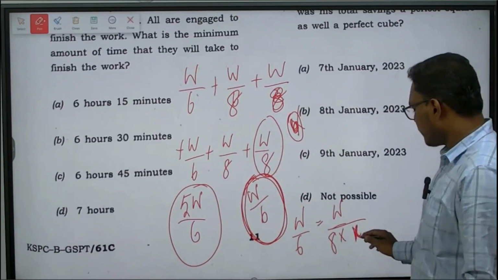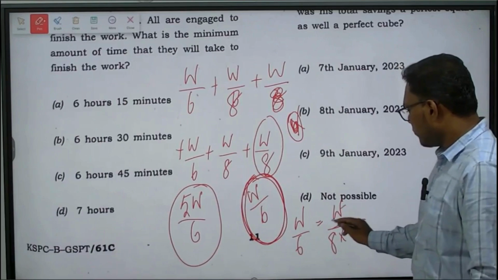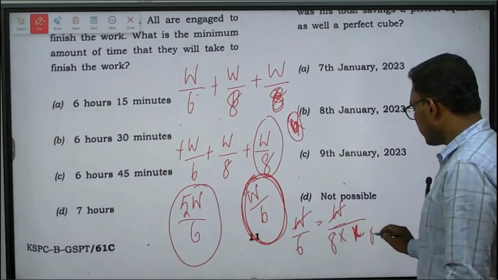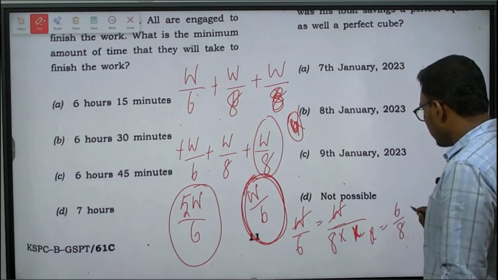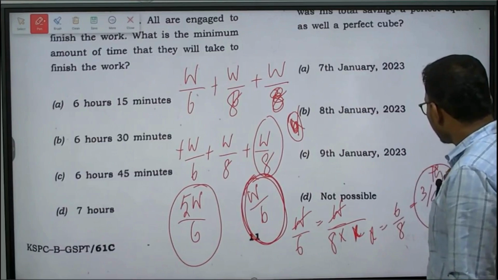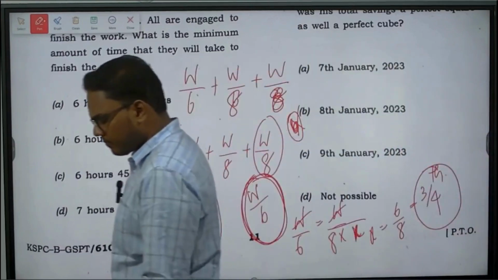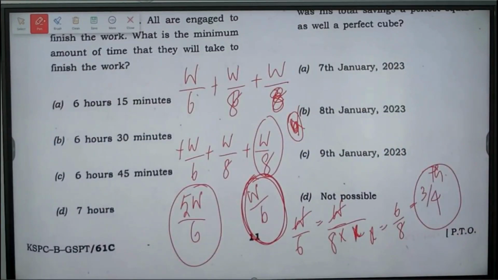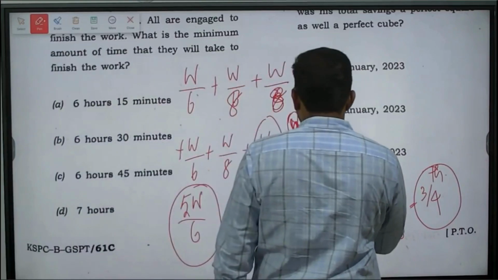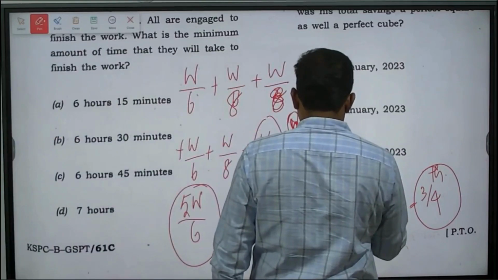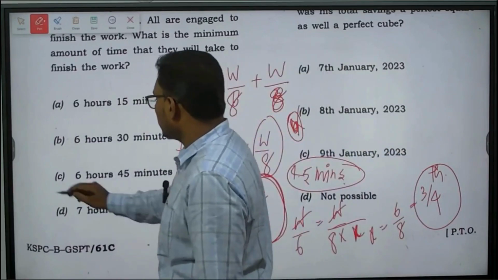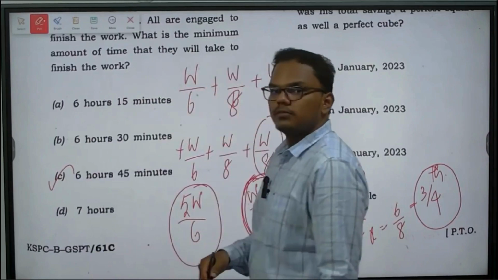For that, you have to cancel these two. Your time will become 6 by 8, which is nothing but 3 by 4 of an hour. What is 3/4 of an hour? It is 45 minutes. So it's 6 hours and 45 minutes.